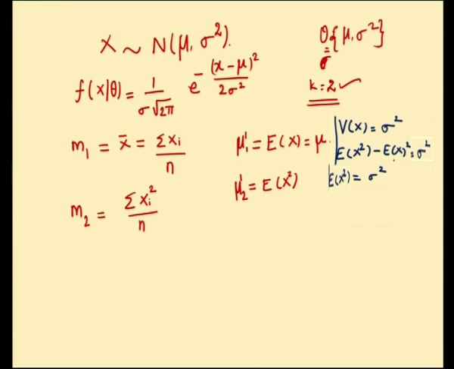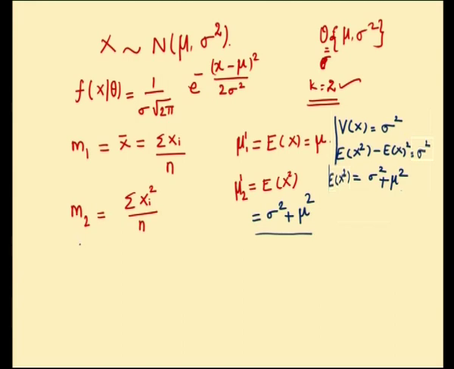I can plug in the value of e of x the whole square. So, ultimately from this relation I am borrowing: e of x square equals variance of x, namely sigma square, plus e of x the whole square, which is nothing but mu square.